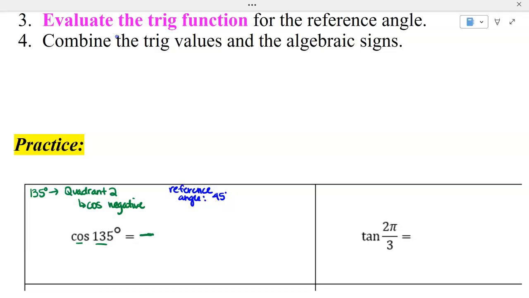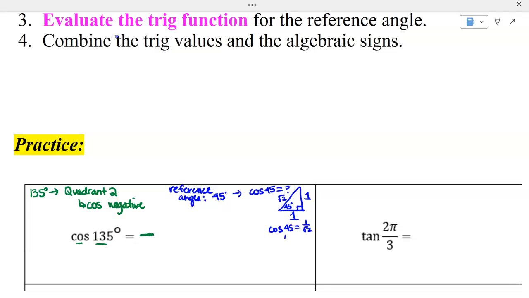And at this point, we need to find the cosine of 45 degrees. And you can do that by just doing a general geometry triangle. We've got a 45, 45, 90, and thinking back to geometry, we know that our legs could be 1 and our hypotenuse could be the square root of 2. So the cosine of 45 degrees is just going to be 1 over the square root of 2, but you've got to rationalize that.